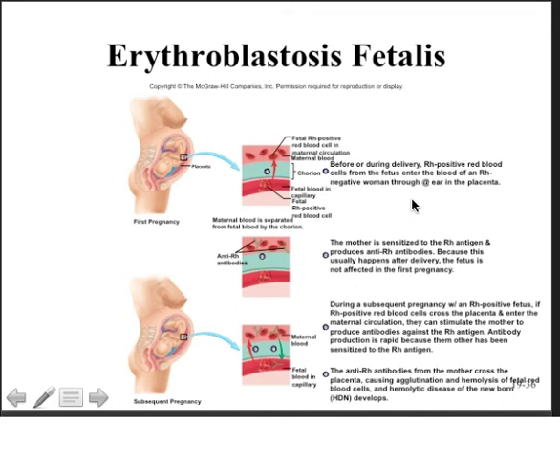What will happen next is that if there's a subsequent pregnancy with an Rh positive child, then the antibodies that are already present can cross the placenta and enter the fetal circulation. Those antibodies can then hemolyze the red blood cells in the growing fetus.